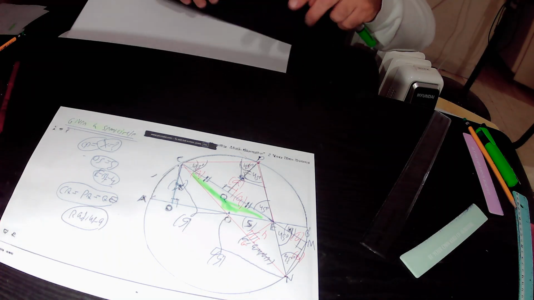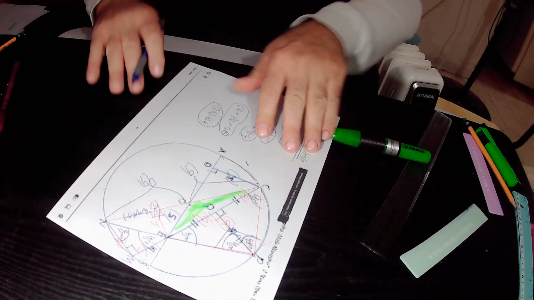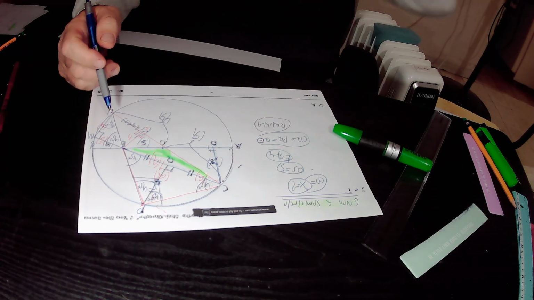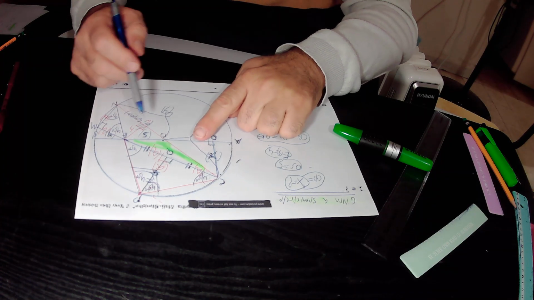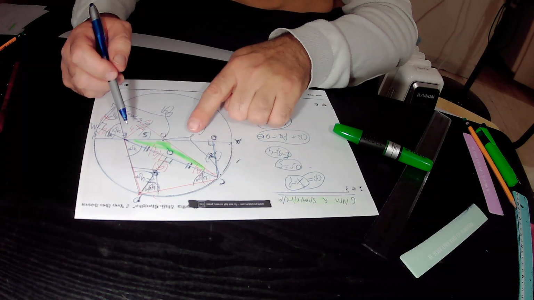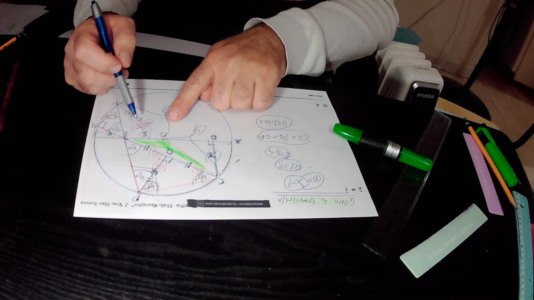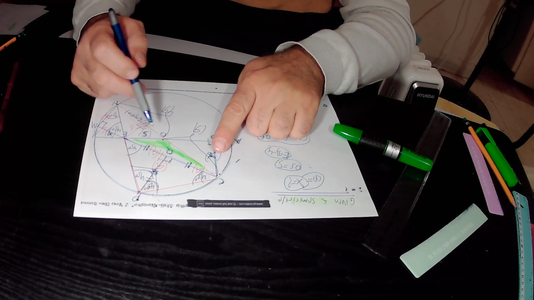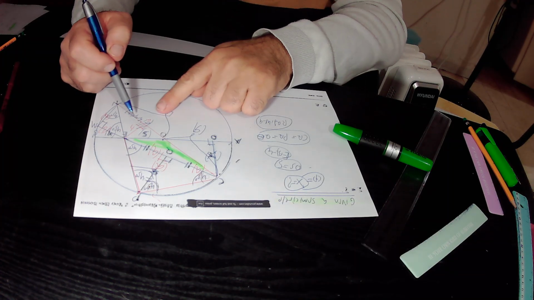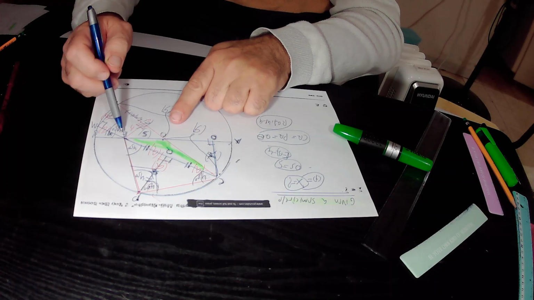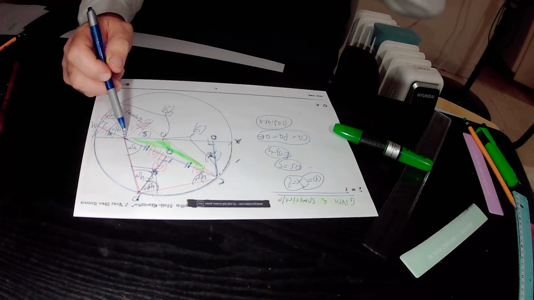We choose the base of this green triangle COE as OE. The base is OE.